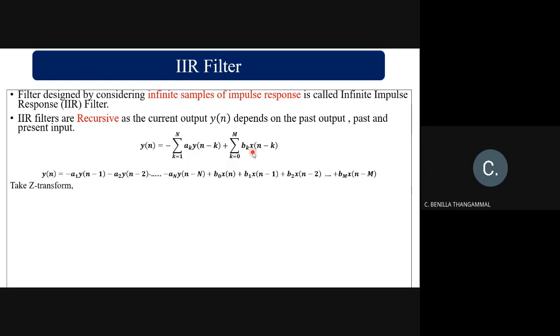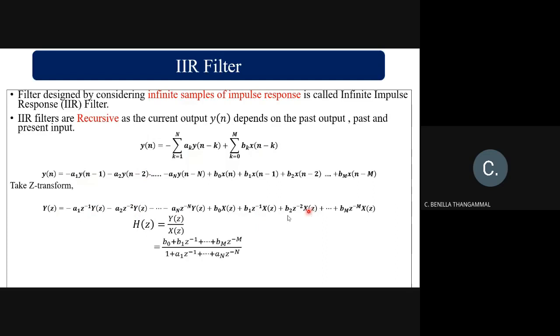Now taking the z transformation, y of n minus 1 becomes z inverse y of z, y of n minus 2 becomes z power minus 2 y of z, and it goes on. Now your transfer function is given by y of z divided by x of z. Move all your y of z to one side and all your x of z to the other side, and take y of z and x of z commonly out.